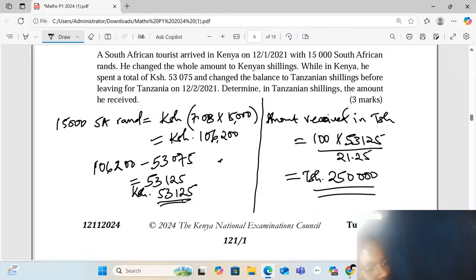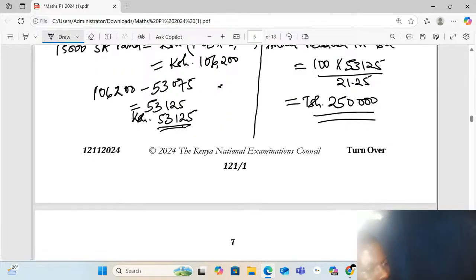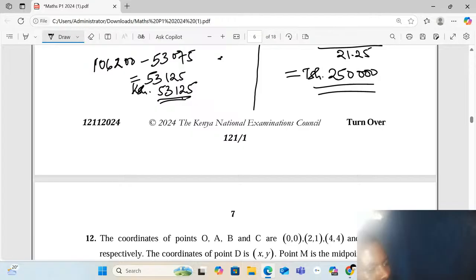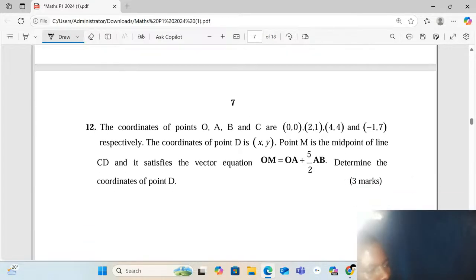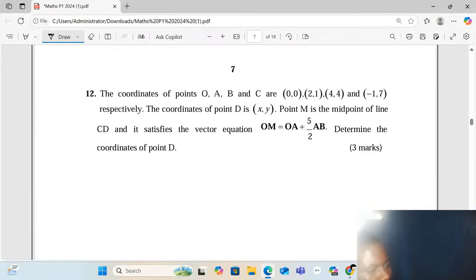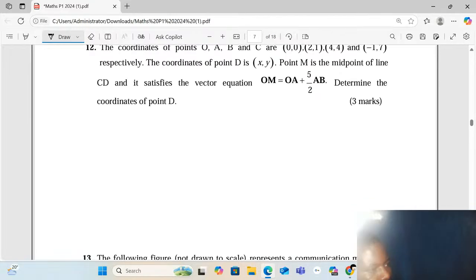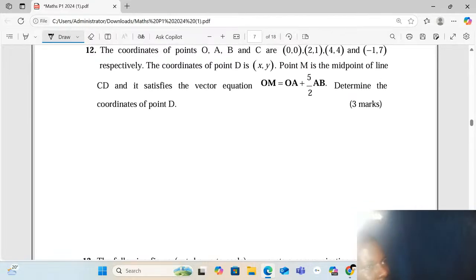Now we can move to question number 12. Now it reads, the coordinates of points O, A, B and C are 0, 0, 2, 1, 4, 4, and negative 1, 7, respectively.